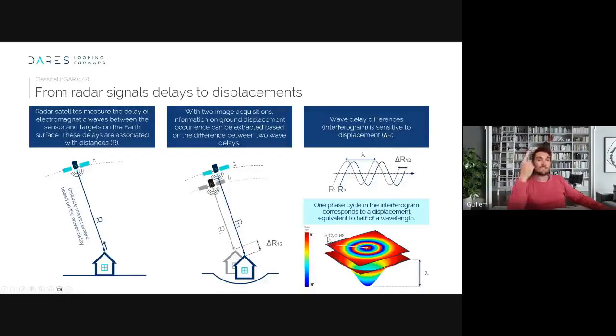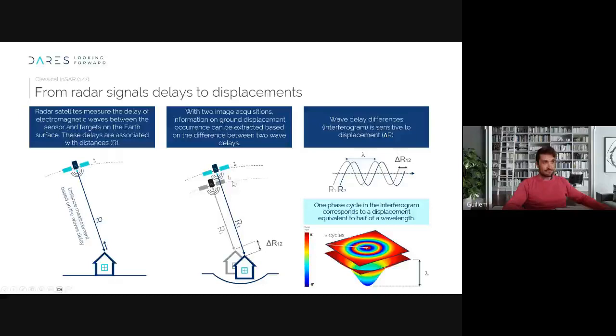It means that one cycle from red to blue, these are 2.8 centimeters. I have had a displacement of 2.8 centimeters. Okay, and there's one important thing here, that is the direction of the displacement.